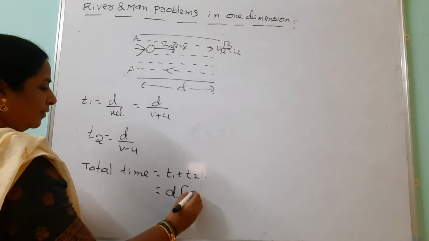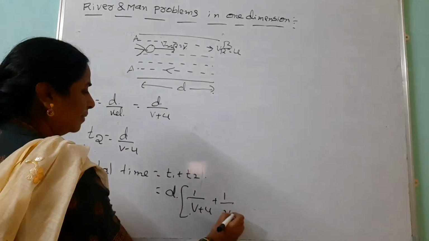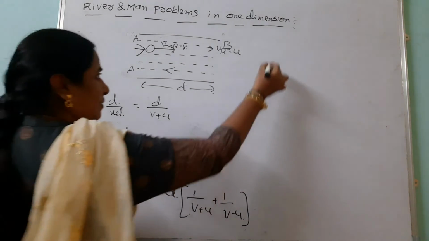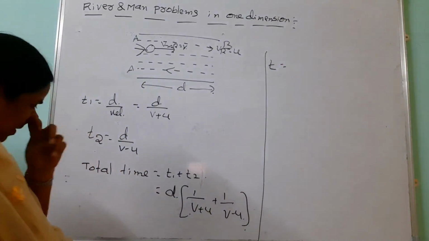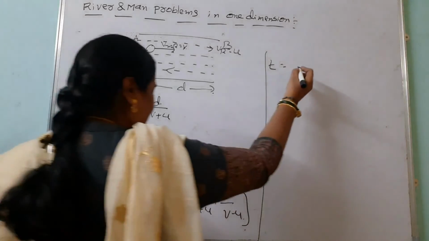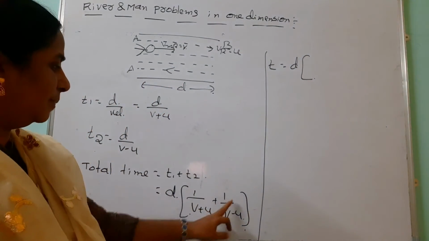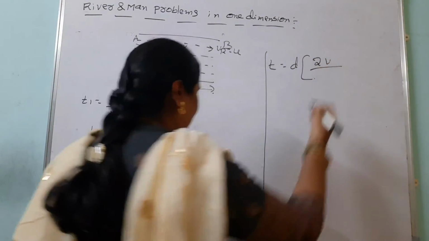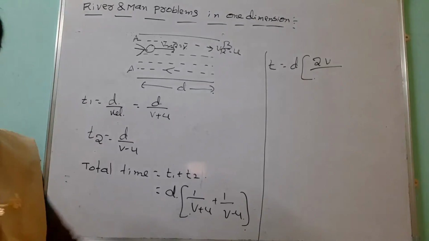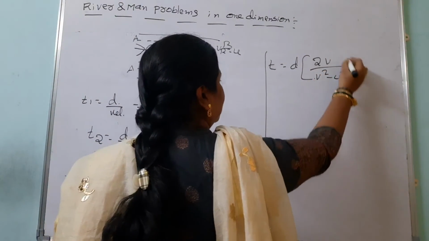We can write it as D into 1 by V plus U plus 1 by V minus U. After simplification, the total time to travel from A to B and B to A is D into 2V by V square minus U square, using the A plus B into A minus B formula, where the U terms cancel.